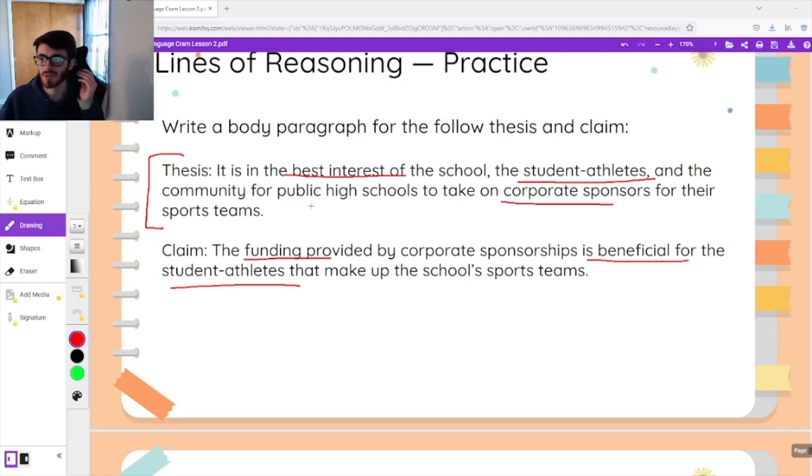Those are the sorts of things that I think would be really strong claims here, something that focuses on the school or the community, right? Because those are the other aspects of our thesis that we haven't talked about yet. We already have a claim that relates to the students, and in order for our essay to be a good essay, we need to support all components of our thesis, right? So our other body paragraphs should focus on the school and the community.